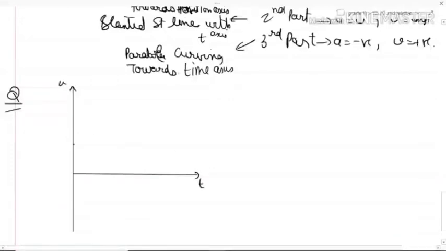And the object starts from here. It moves with a constant velocity for some time, 2 seconds, 5 meters per second.